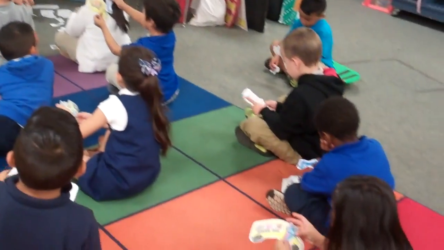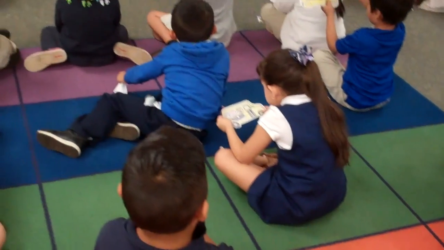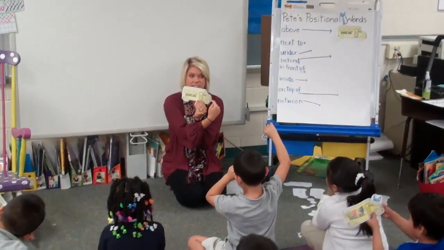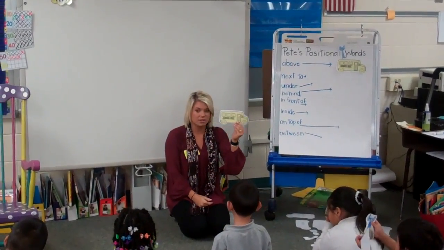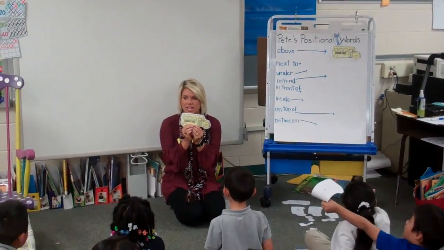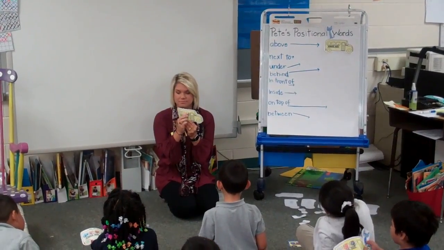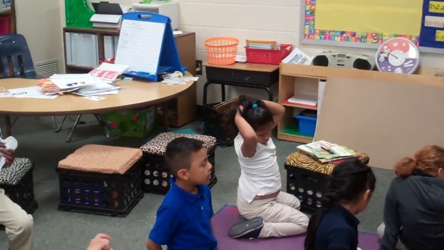Okay, first we need to think of this as the school bus, right? So think of it as an actual bus. This is the front, and this is behind, right? The bus, because it's going this way. So what would next to the bus be? What would it look like? It means beside too. But what would it look like? India, show everybody that.